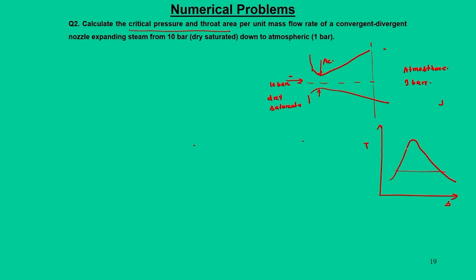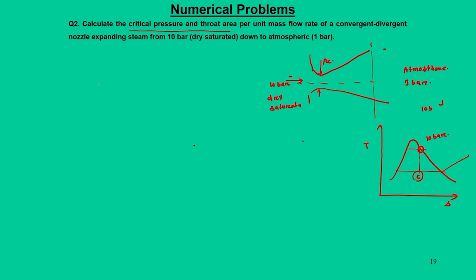so initially the steam is at superheated state, point 1 can be located at 10 bar, point 1 can be located at the dome, that is 10 bar dry saturated, and it expands to a condition C, and this condition is nothing but your critical conditions.